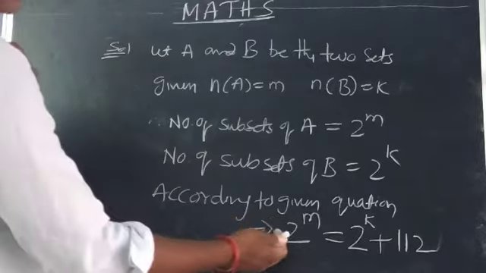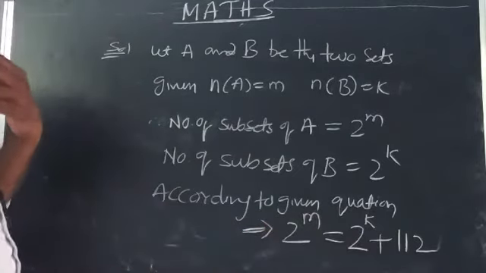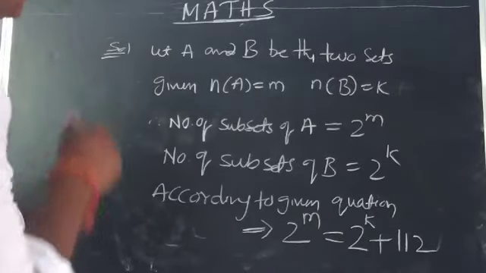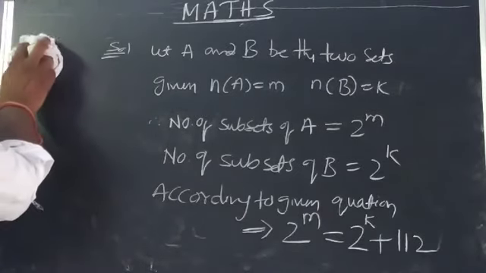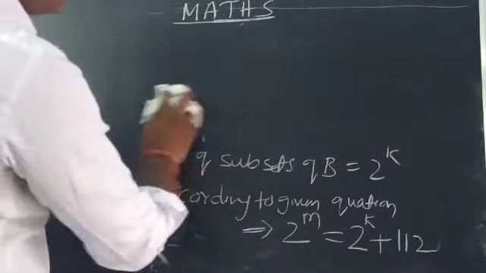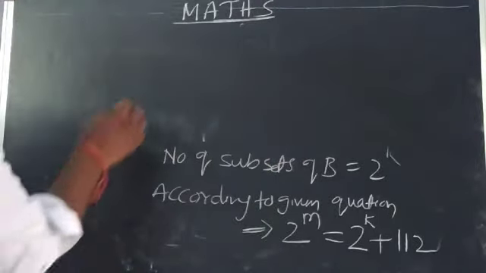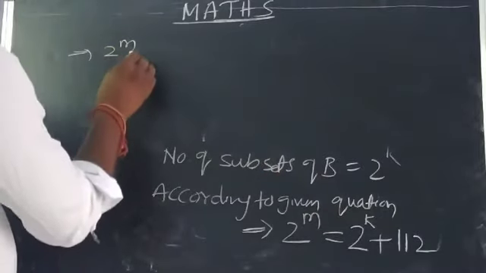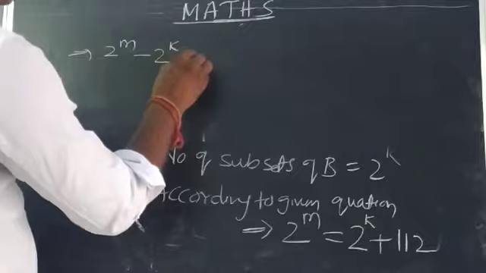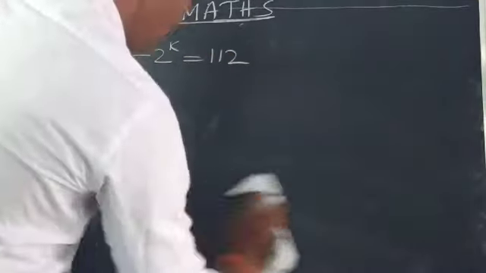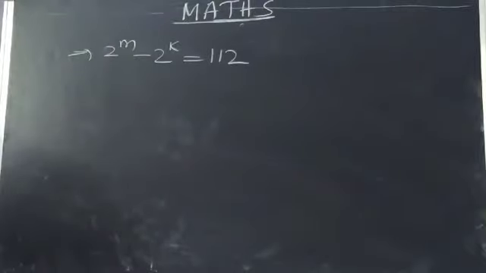So 2 power m equals 2 power k plus 112. Now, I am bringing that 2 power k to the left-hand side: 2 power m minus 2 power k equal to 112.